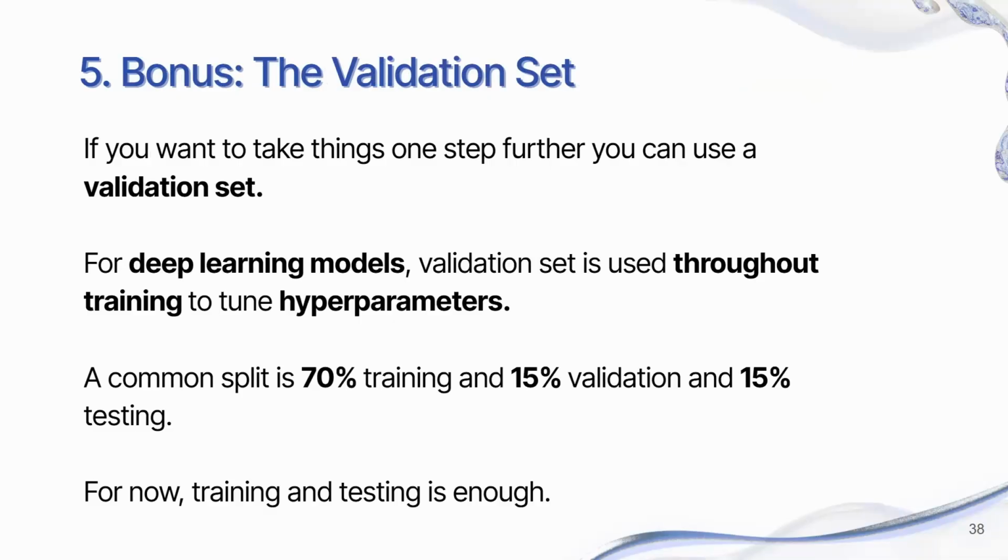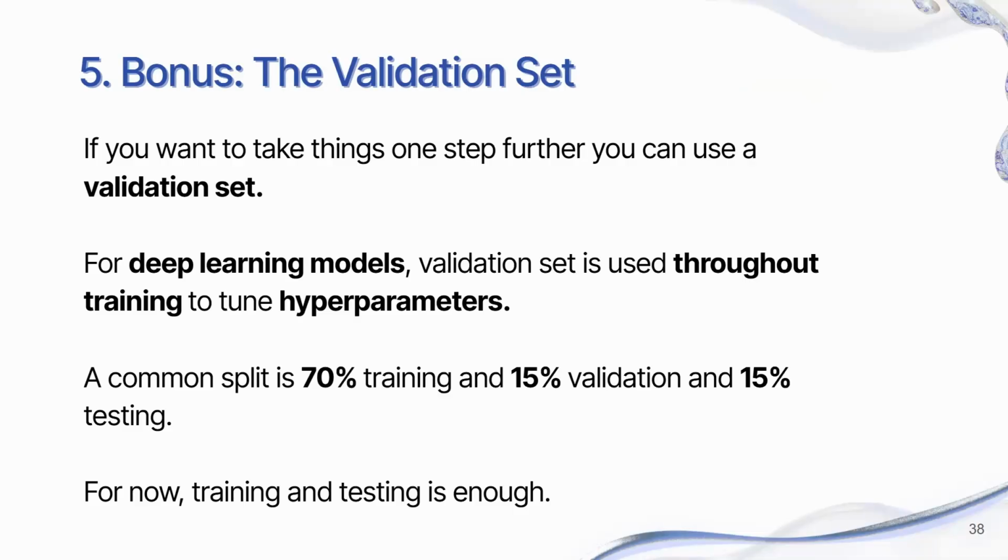So if you're doing anything deep learning related or image recognition related, most likely you'll need a validation data set. So what usually happens is, instead of 80 and 20, you usually split the data set into 70% training, 15% validation, 15% testing.